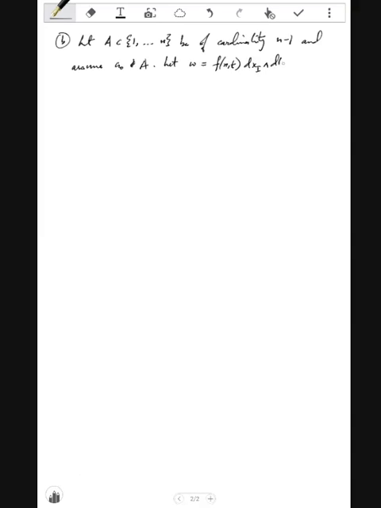Next, let us consider the case that A be a subset of 1 up to n, of cardinality n minus 1, and assume a_0 does not belong to A. So let omega be equal to f of x, t dx_I wedge dt_A.